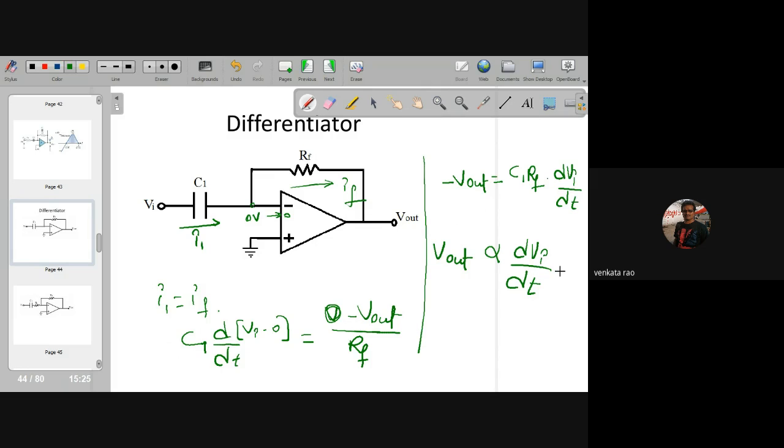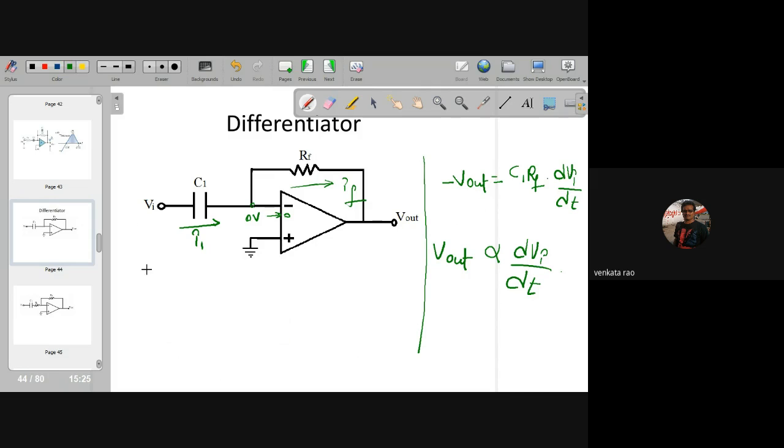Now at the same time I'm going to the frequency response of this. Sir, we did it in detail for the integrator. Same one, nothing is different.